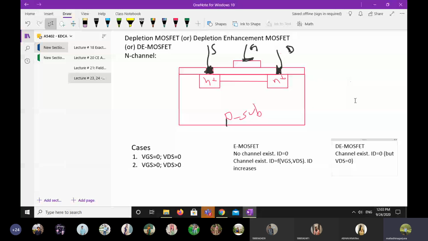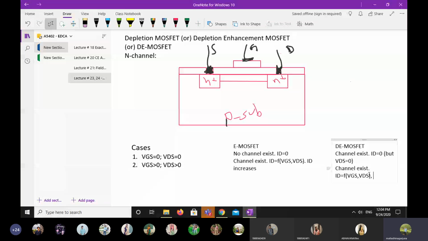ID is a function of VDS. Sir, only VDS? Yeah, it doesn't depend on VGS.